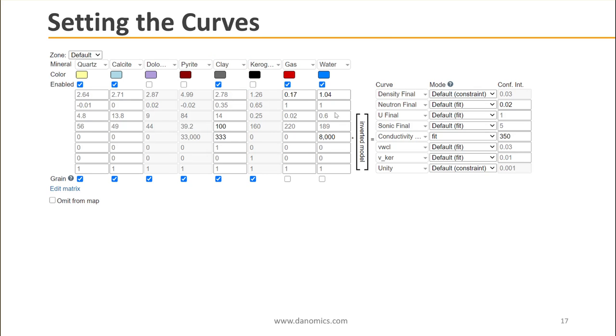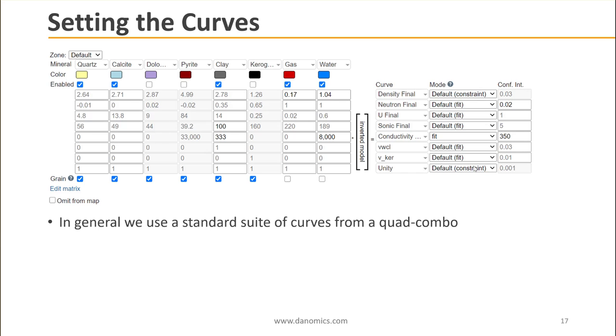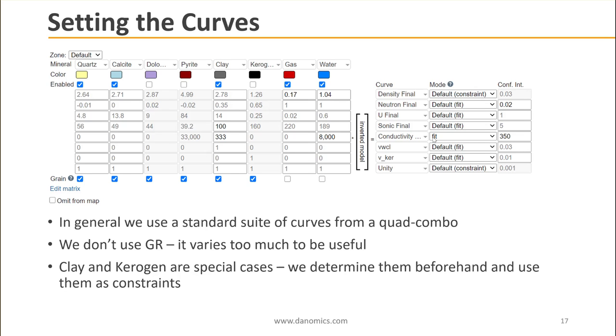For setting the curves, we've got the standard curves in here, density, neutron. We use U instead of PE. So U is just the product of density and the PE curve. Sonic conductivity is turned off by default, so you'd have to turn that back on. And the one thing you'll notice is that we don't use gamma ray.